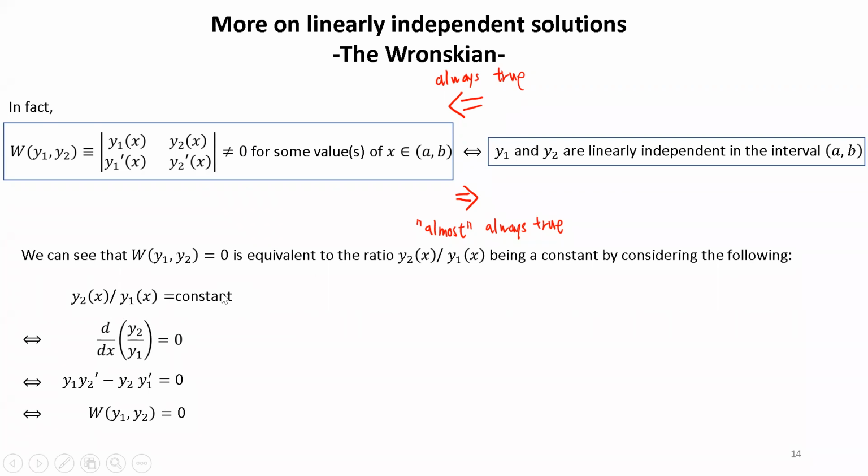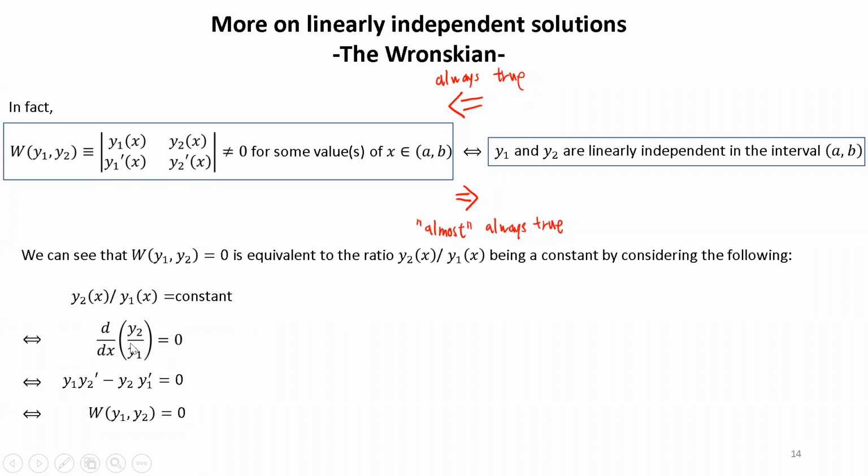If it is a constant, then it's linearly dependent. So if this ratio is indeed a constant, then if I take the derivative on both sides, the derivative of y2 divided by y1 is 0.